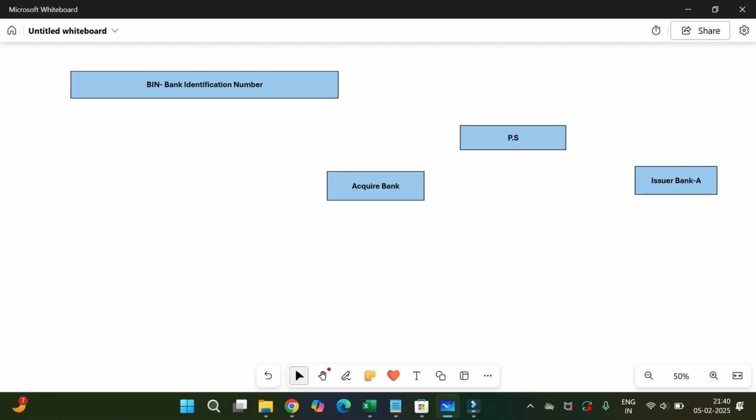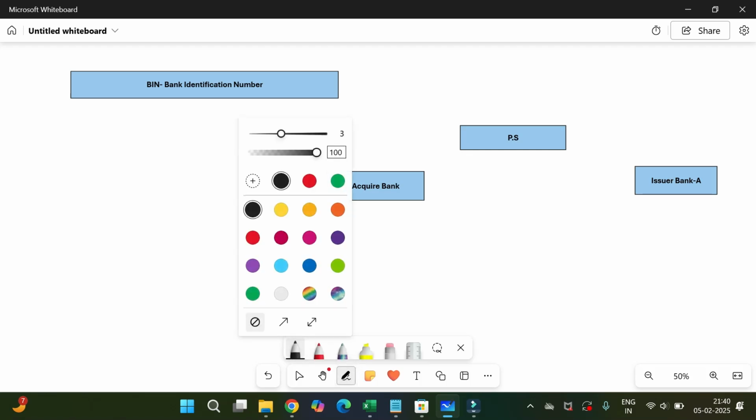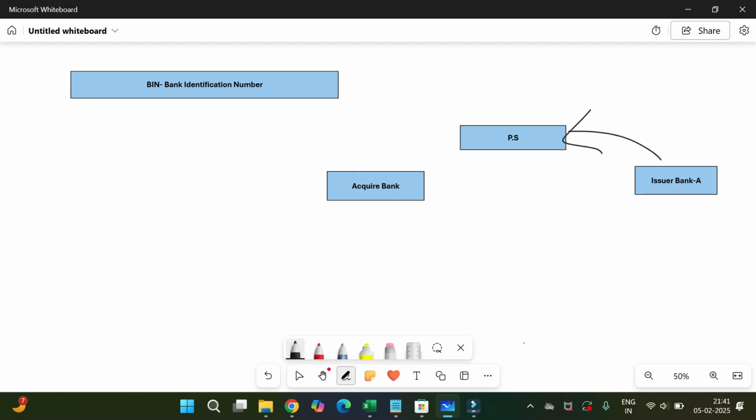The payment scheme is an intermediary between the acquirer bank and the issuer bank. Suppose there is a bank A that wants to start its own business and create a card. The issuer bank will connect with the payment scheme and initiate a project.